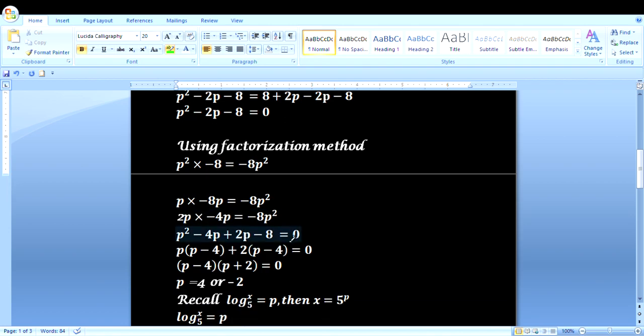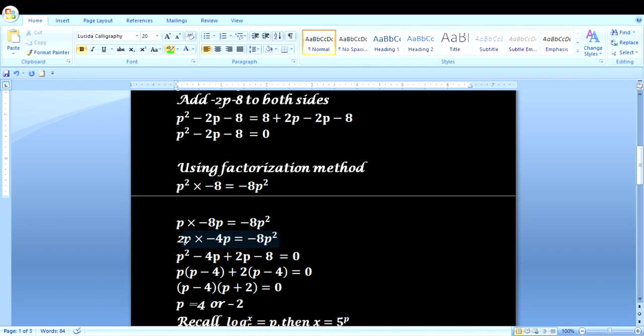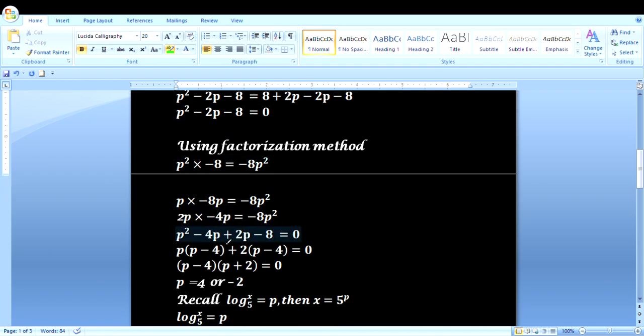Here we look at which of these two pairs, 2p and minus 4p, or p and minus 8p, if we add them, gives minus 2p, which is the middle term here. So the correct one is 2p and minus 4p, which gives us minus 2p. So we replace the middle term, minus 2p, with minus 4p plus 2p. So this becomes p squared minus 4p plus 2p minus 8 equals 0.